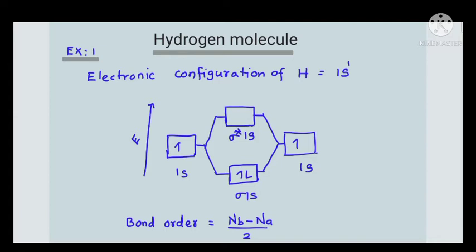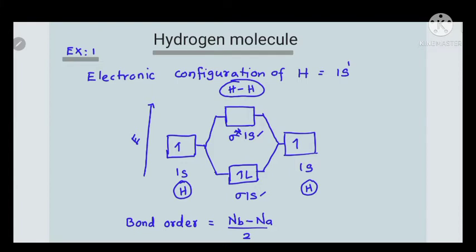The hydrogen atom electronic configuration is 1s1. It has only one electron, placed in the 1s orbital. This is the electronic configuration of one hydrogen atom, and this is of another hydrogen atom. When these two hydrogen atoms combine, you get a hydrogen molecule. The molecular orbitals are drawn at the center, one with the symbol sigma 1s and another with sigma star 1s.